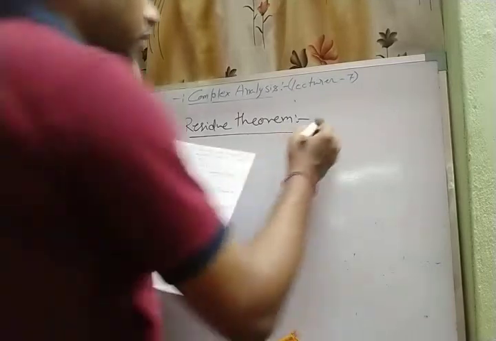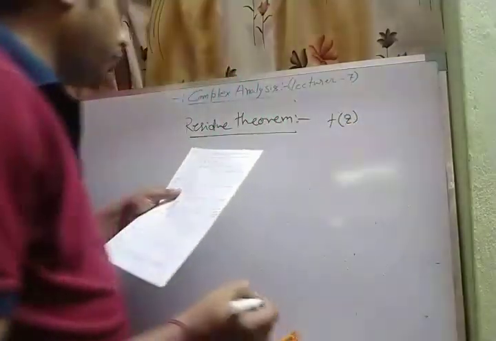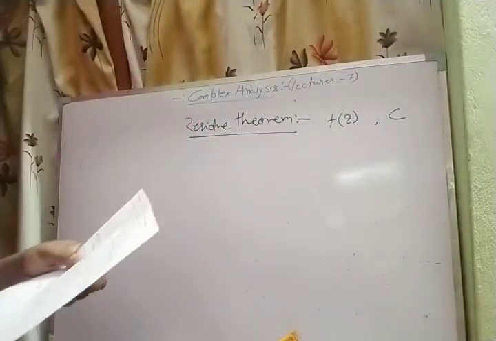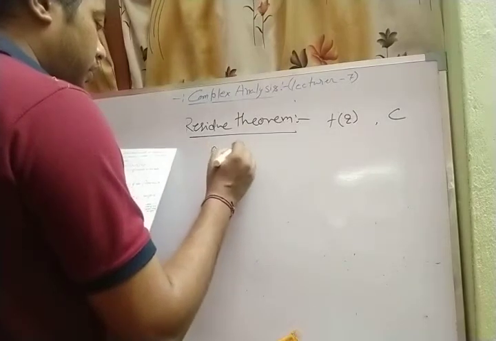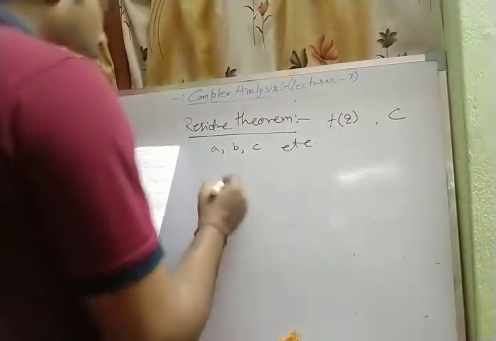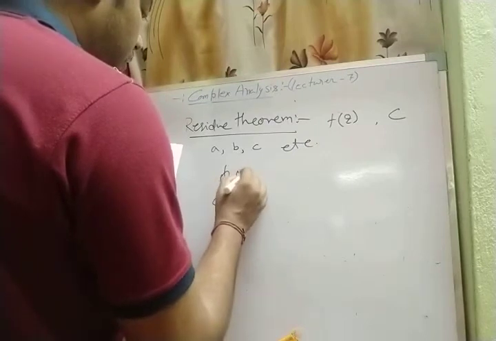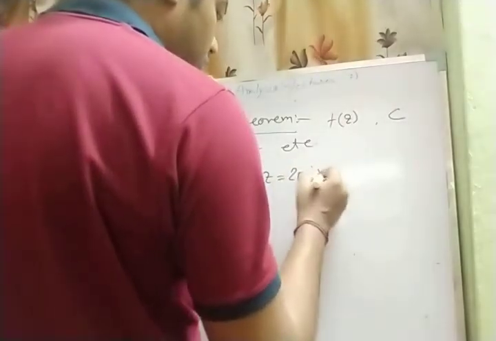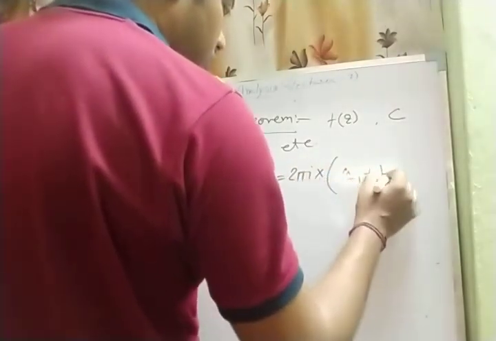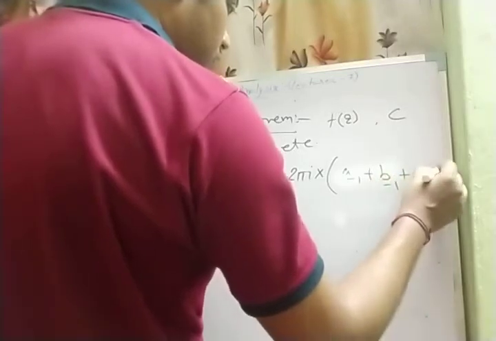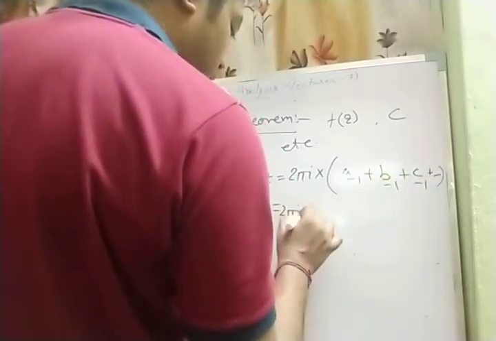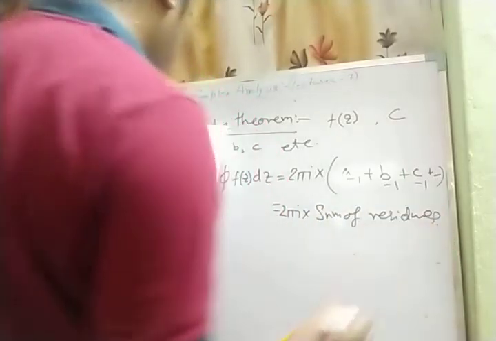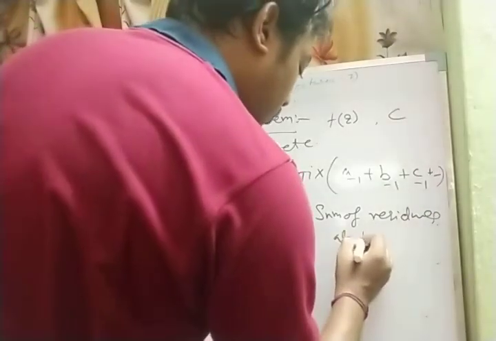If a function f(z) is analytic at all points on the boundary, closed by contour C, except at some poles a, b, c, etc., then the closed integral over C of f(z) dz is equal to 2 pi i times the sum of residues at the poles.